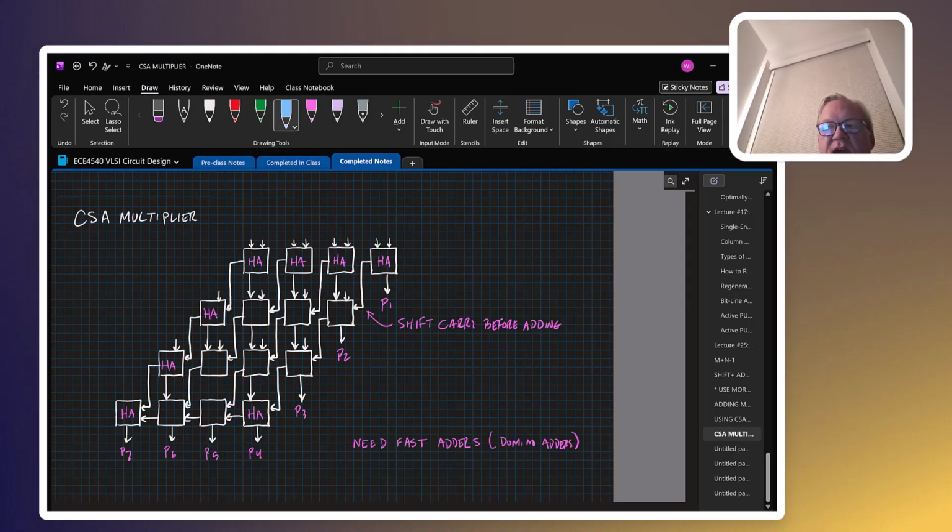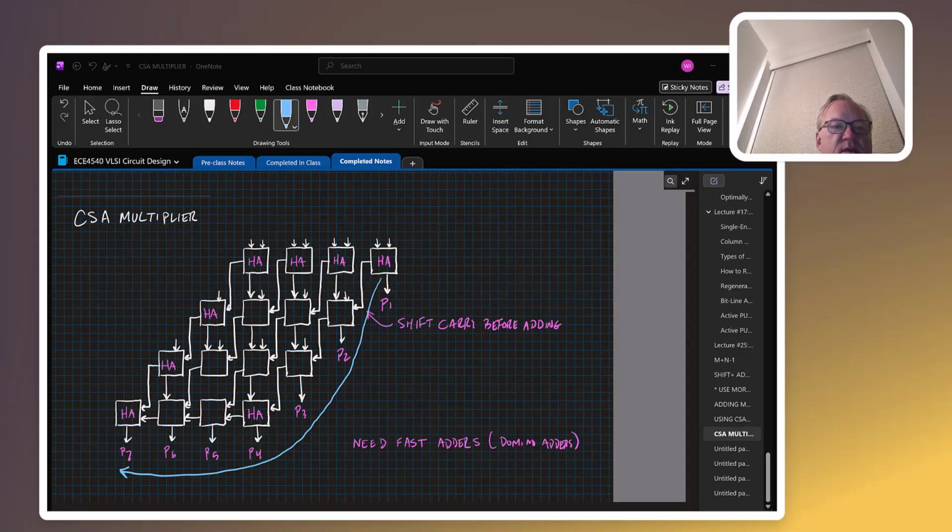And our critical path starts here and goes along the product path all the way to the output. Now, one thing about the multipliers, we've drawn these arrays as being diagonals, but this isn't very area efficient, so we would probably draw this more as a rectangle if we were doing this in reality.